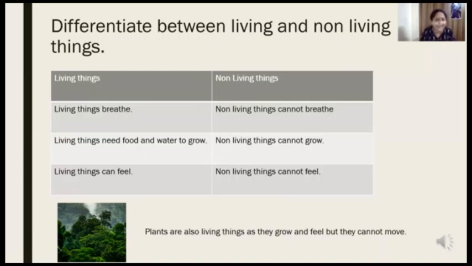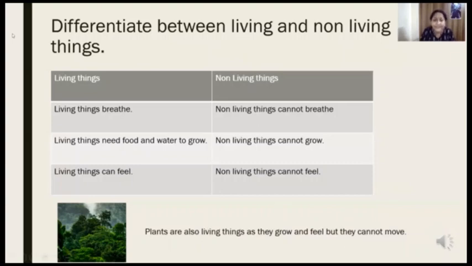Otherwise, it can't. When your father is driving a car, whenever he starts driving, then only the car moves. Otherwise, it can't. So living things can move, non-living things cannot move on their own. When non-living things move, it means living things help them to move.